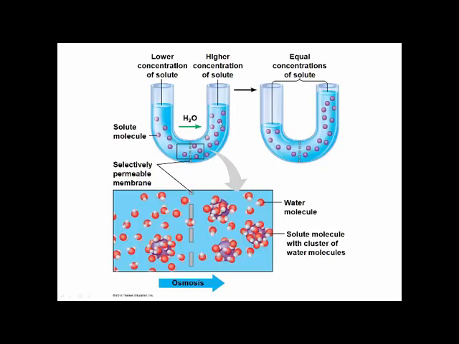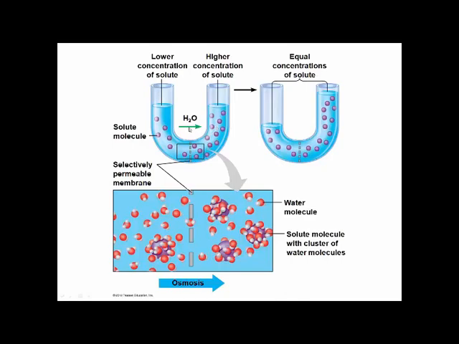Another thing we can say about these two solutions is that this one is hypotonic, less concentration of solute, or the things that are dissolved in here, and this one is hypertonic, a greater concentration of solute. Now, what's going to happen in this case is that water is going to move to dilute.